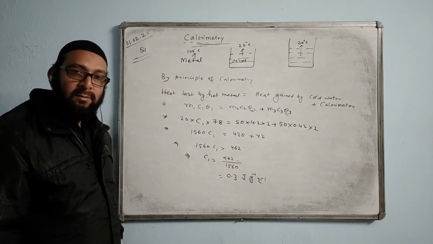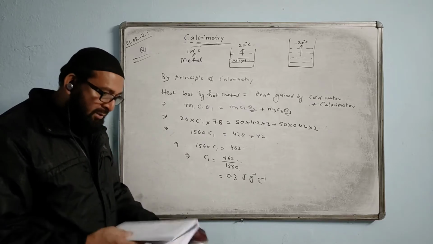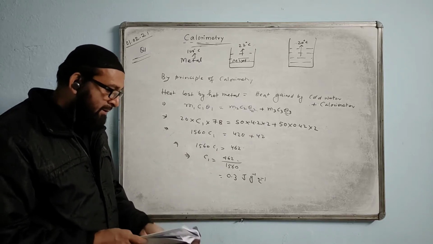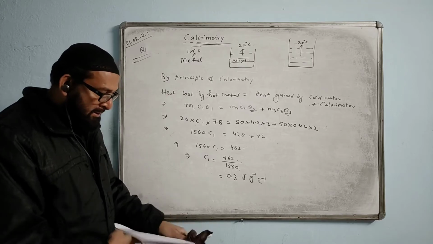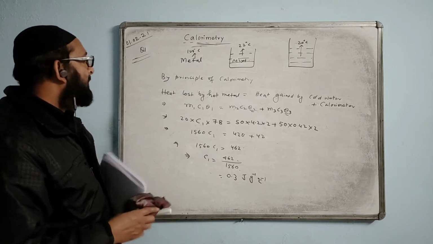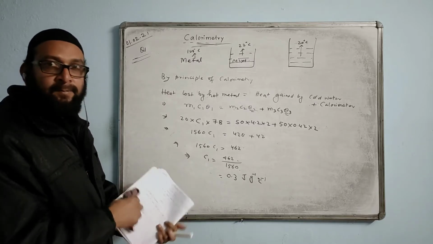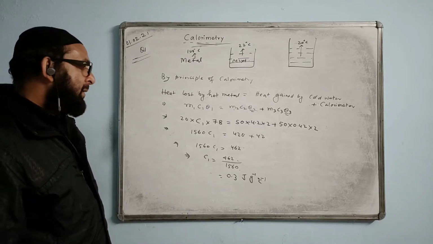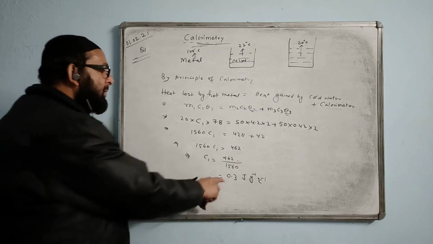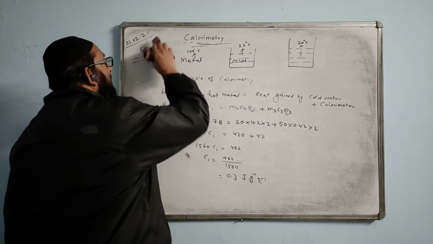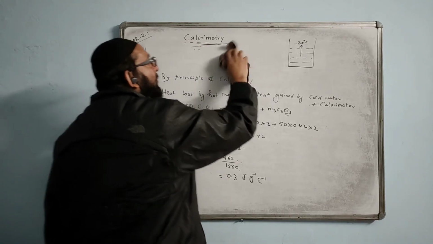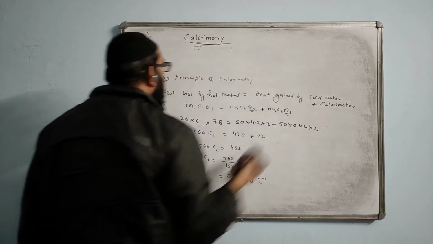You can just check on mobile anywhere. Yeah, 0.29. If you round off, it becomes around 0.3. If you want, you can write the full answer 0.296. There is no harm.